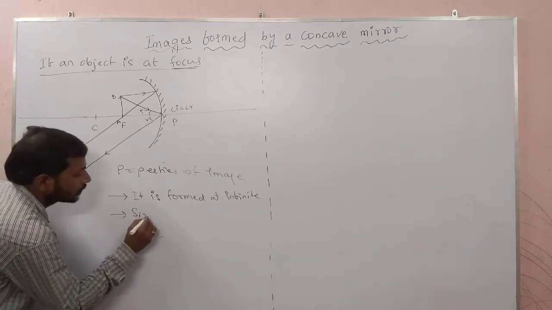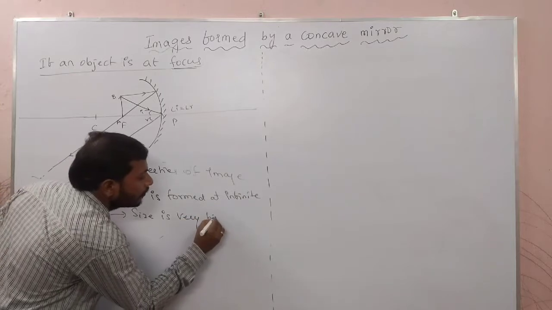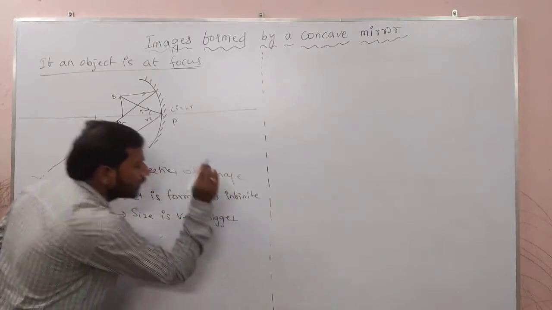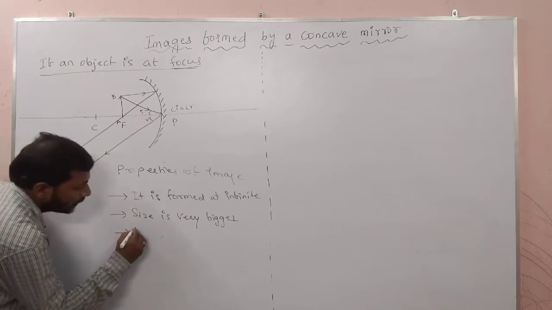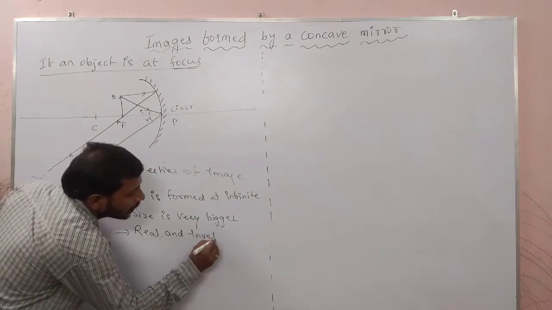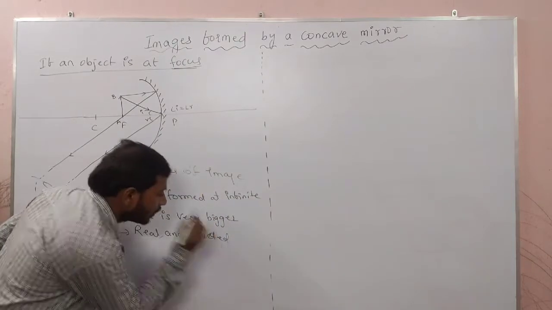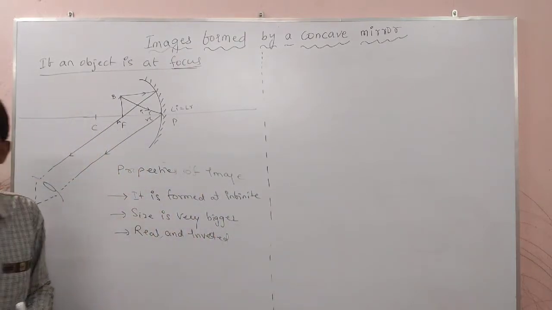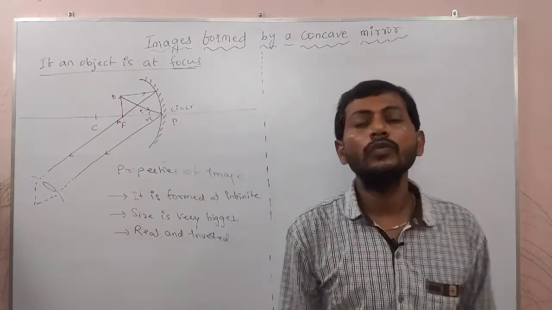Size is very, very big, that's why I write very bigger. And another one is real and inverted. Okay, this is when the object is at the focus, where the image is going to form.